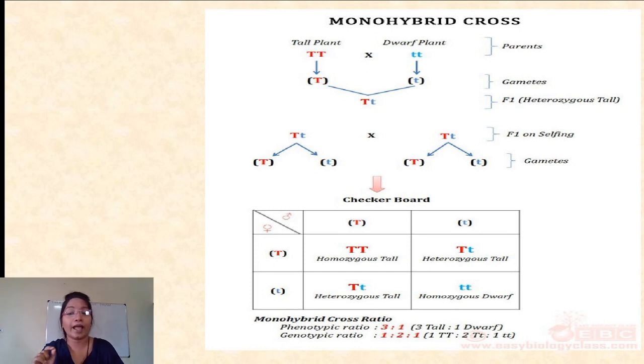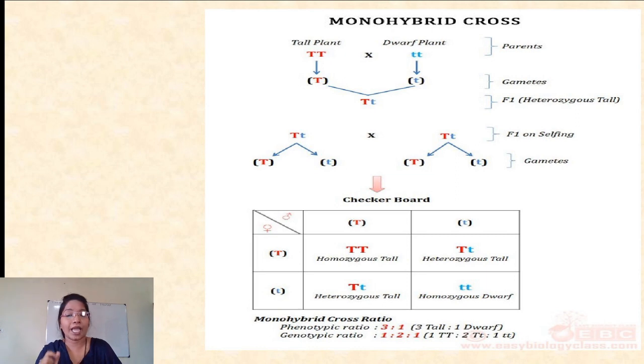So 3 tall and 1 dwarf. In this way, 3:1 is the phenotypic ratio of the monohybrid cross. Next is the genotypic ratio, which is based on the genotypic constitution. In this example, capital T capital T comes single time, capital T small t comes two times, and small t small t comes one time. So genotypic ratio is 1:2:1.